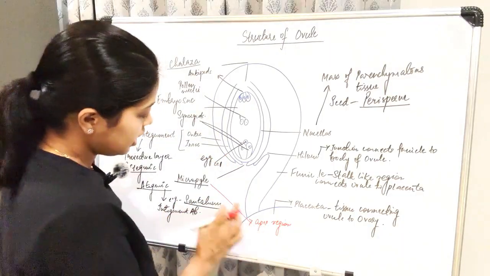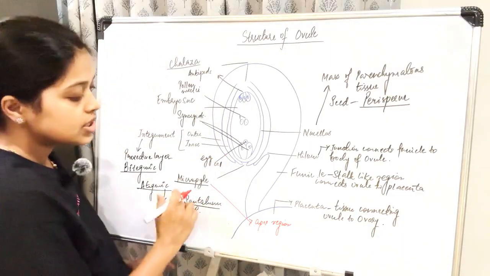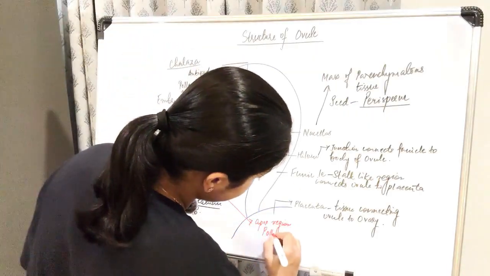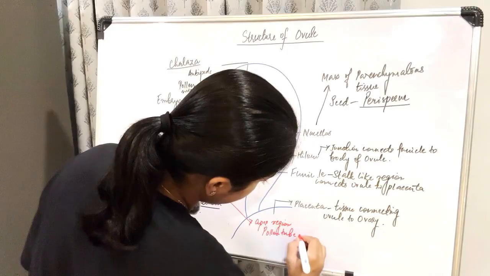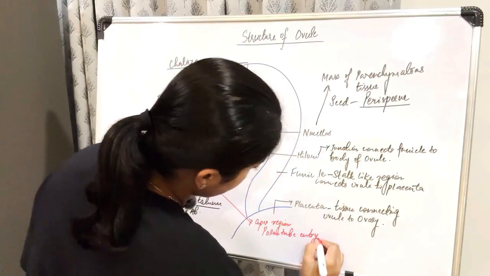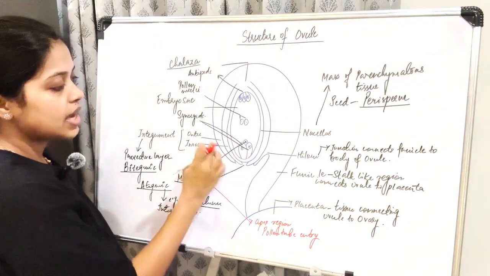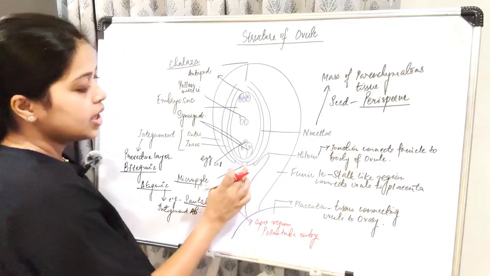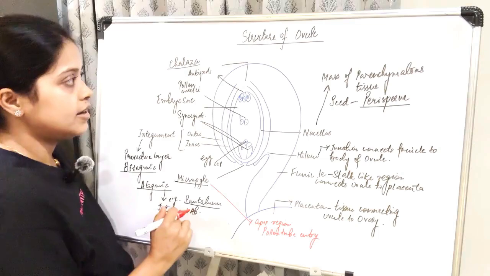This is the region from where the pollen tube enters. So basically this region doesn't have the integument, the reason being that the pollen tube enters from here.